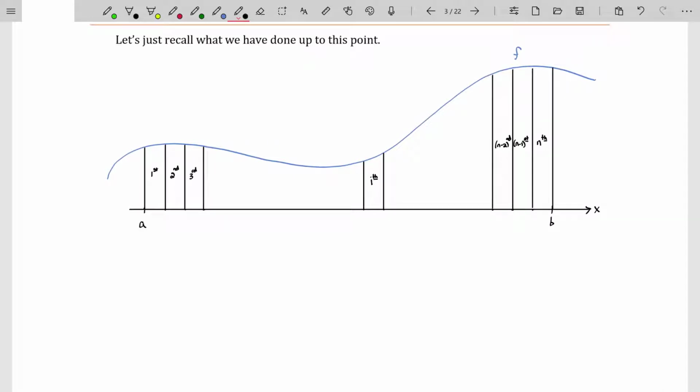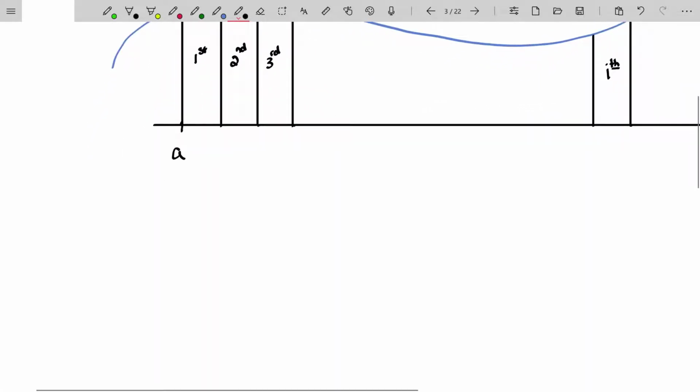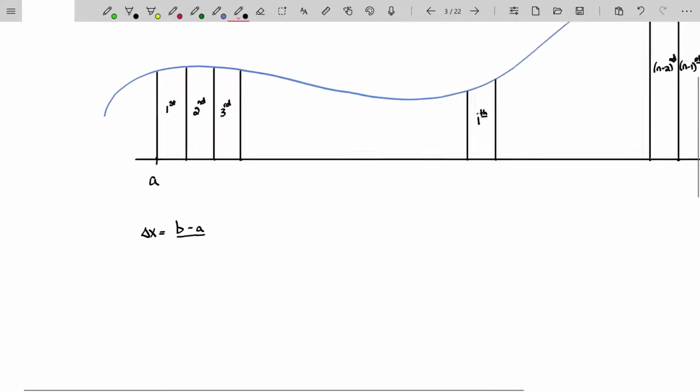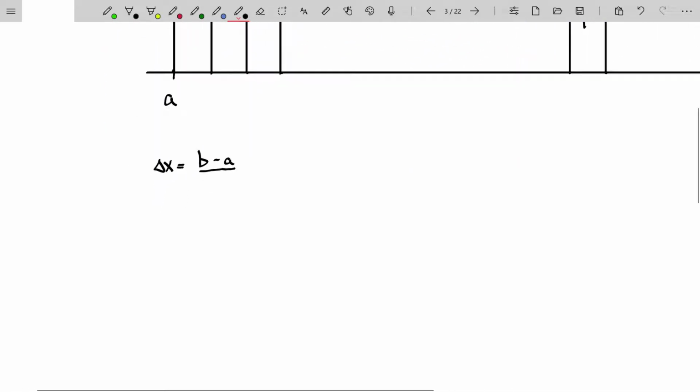All of these slices, at least in Calc 2, are going to be of the same width. So we're going to assume that the slice size is always the same. And since we have cut this interval into n sub-intervals, the width of each slice, we will call delta x, and that is the distance between the right end point of this interval and the left end point of this interval, divided by n.